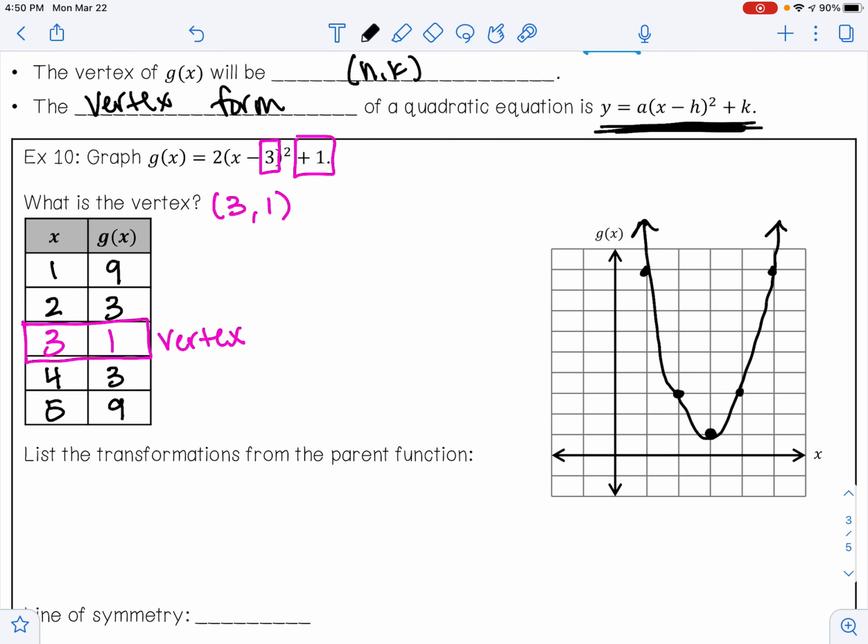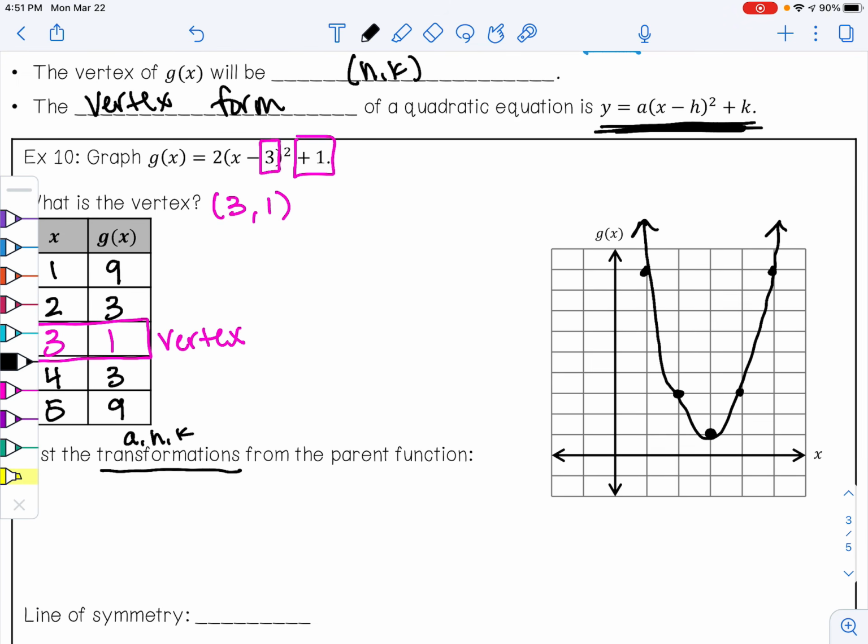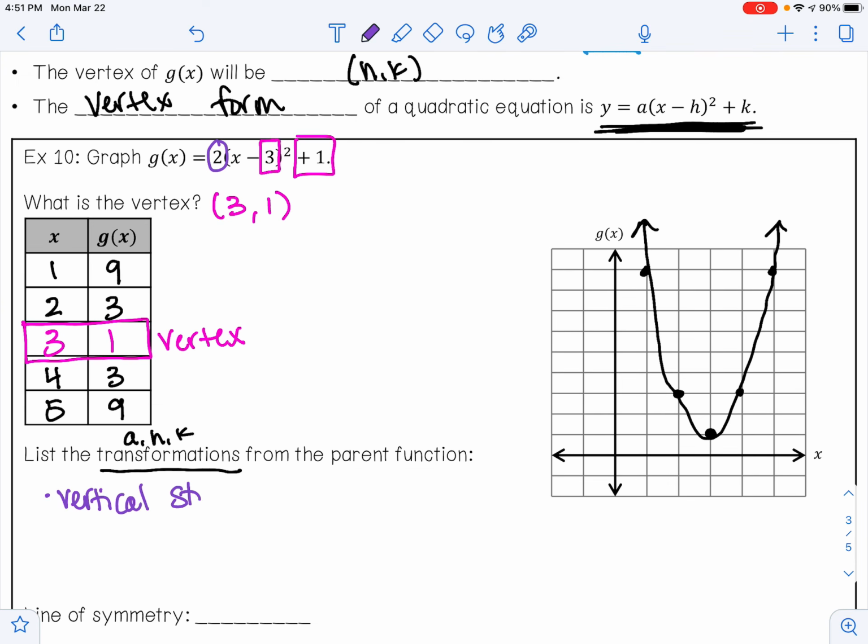The next thing that this asks for is the transformations. The transformations are your a, h, and k values. So that's where those come from. If I look at this example, my a value is 2, so that tells me there is a vertical stretch by 2.